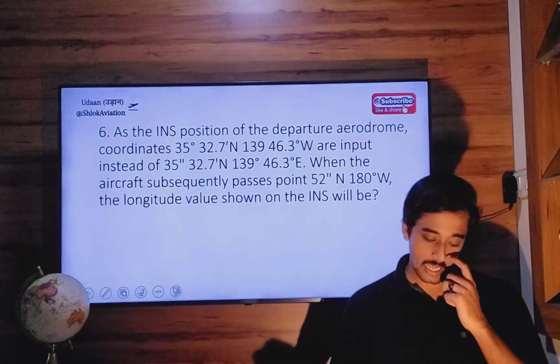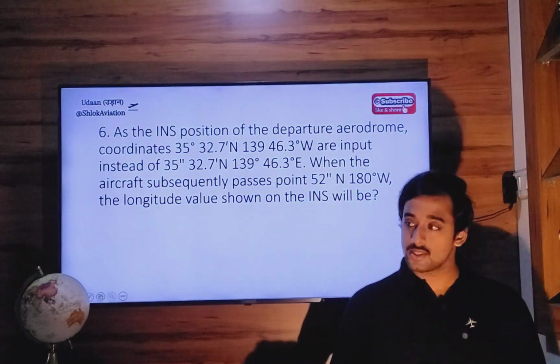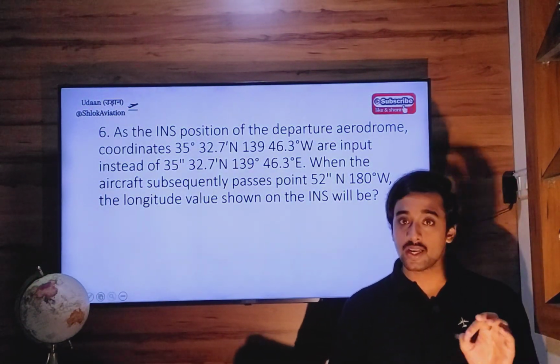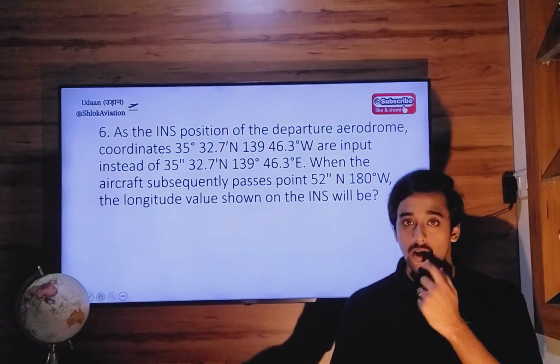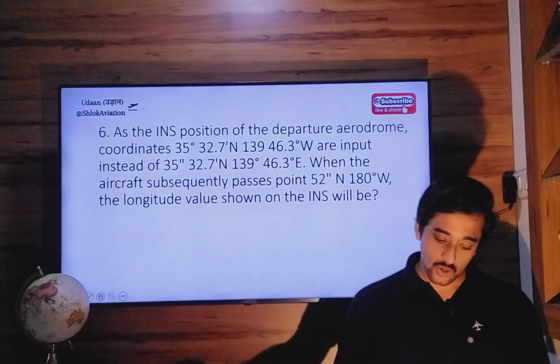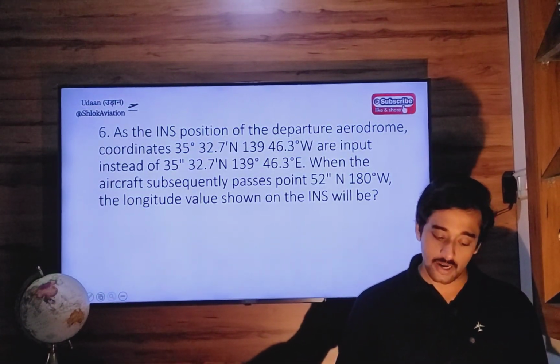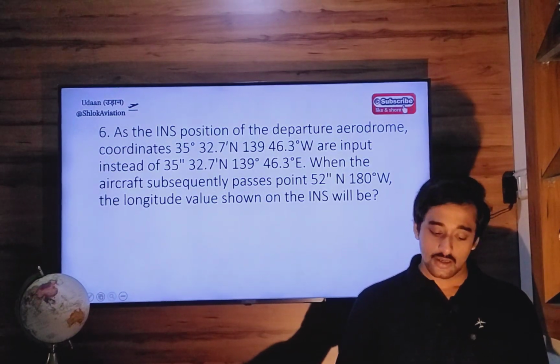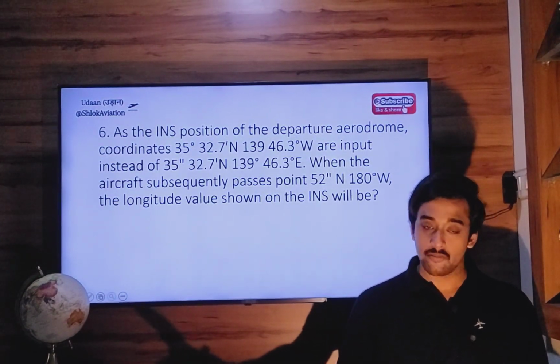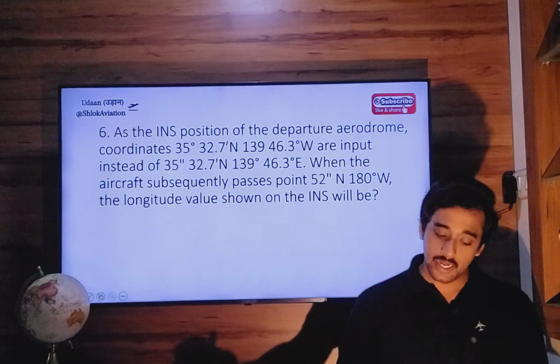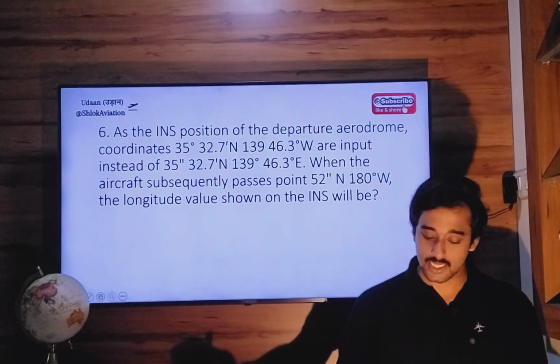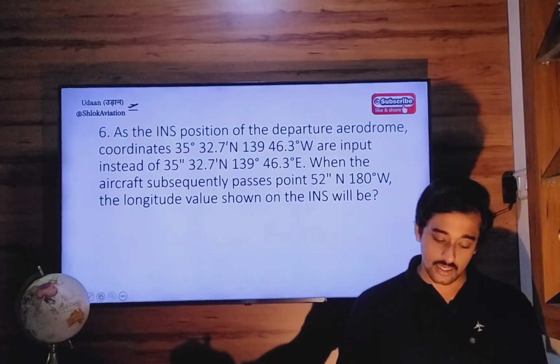Question number 6. In an inertial navigation system, you have put erroneous positions. Okay, you have put wrong positions. So the coordinates of the departure aerodrome, 35 degree 32.7 minutes north, 139 degree 46.3 minutes west, you have put this.